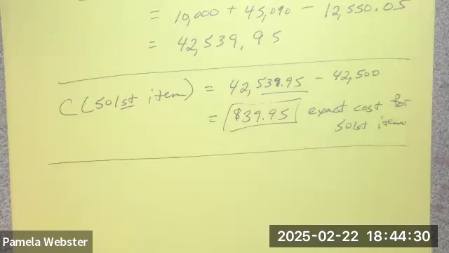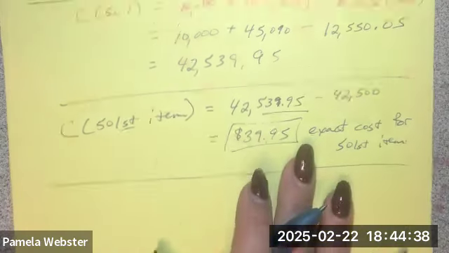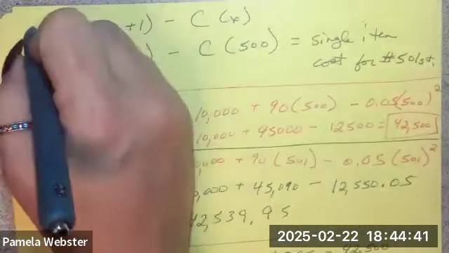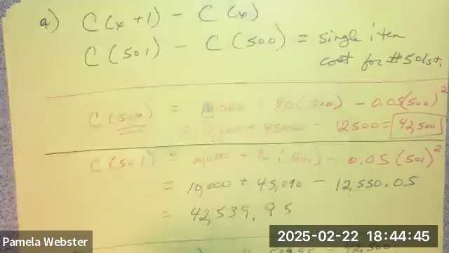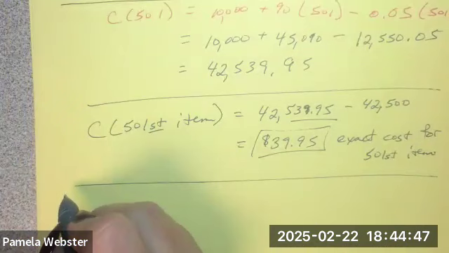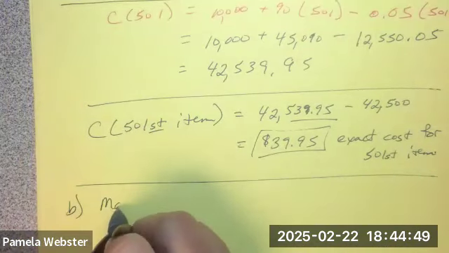Okay, so what happens is they want me to, instead of doing it that way, so this was part A up here. Okay, we did the actual exact cost. Instead of doing that, they want me to do it using marginal cost.